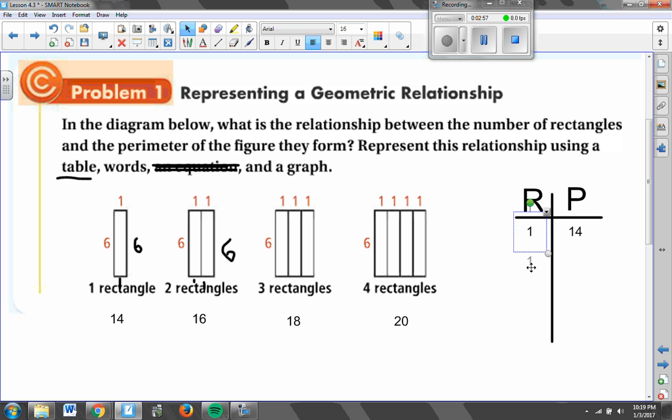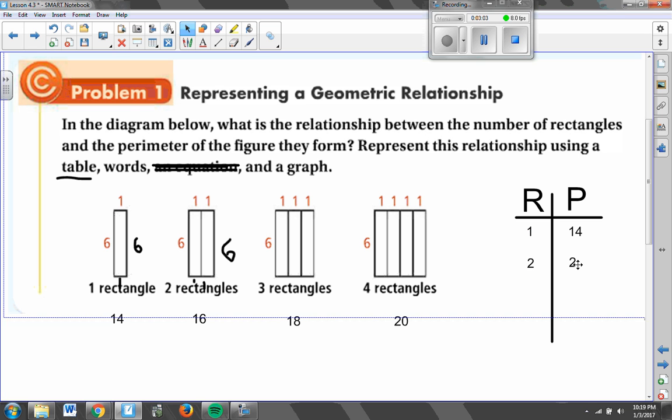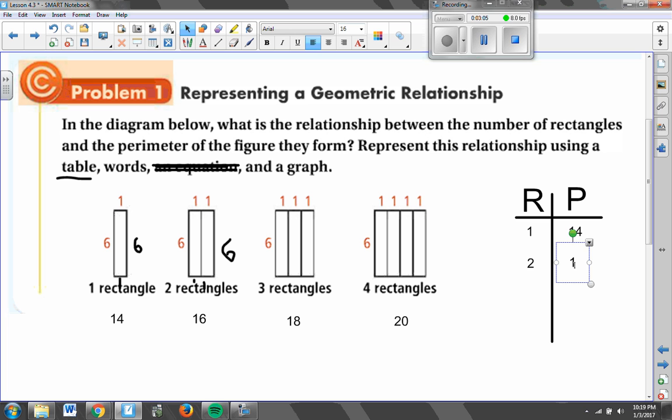When I had 2 rectangles, I had a perimeter of 16, and so on and so forth. I just create this table which shows not only the values for my rectangles variable, but also the values for the perimeter variable. 18, 4 rectangles meant 20.